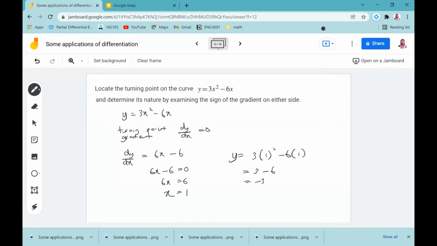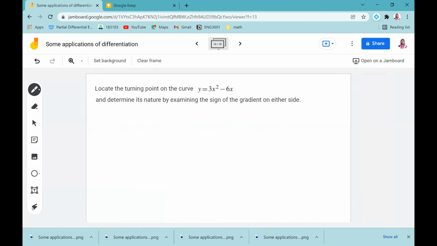So the coordinate of the turning point is (1, negative 3).